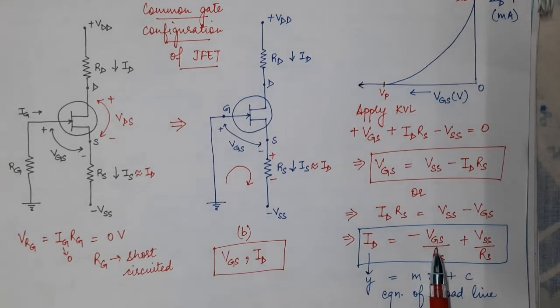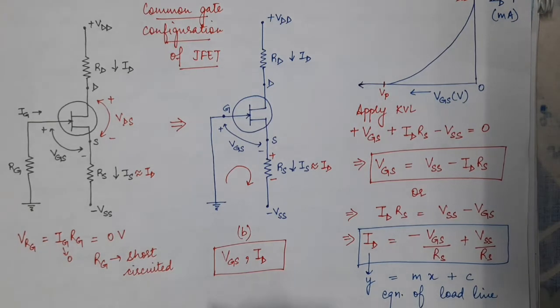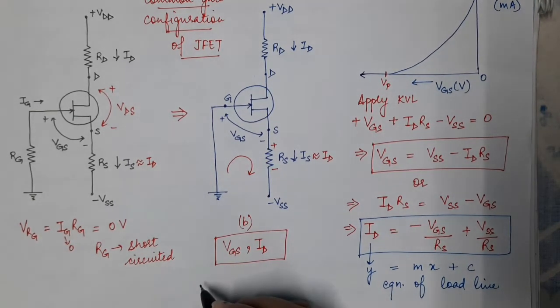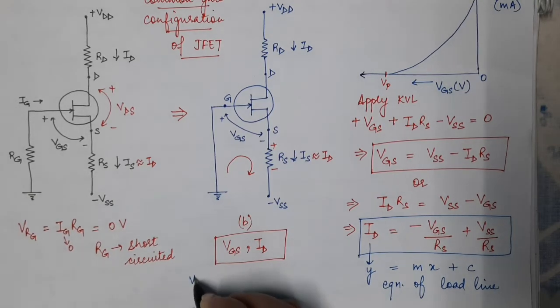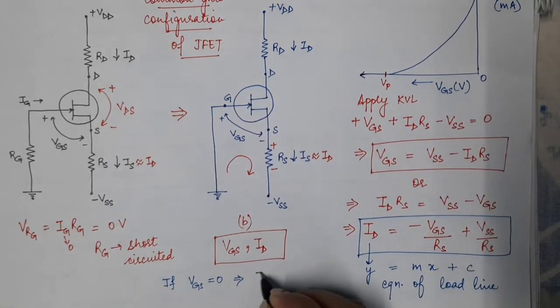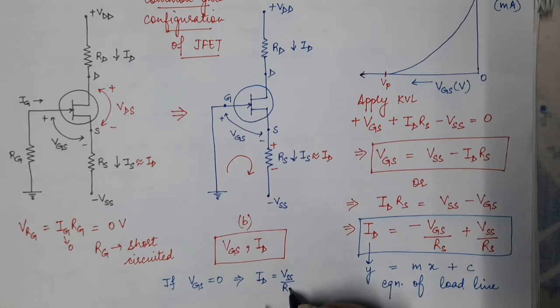When VGS is 0, this implies ID will be VSS upon RS.